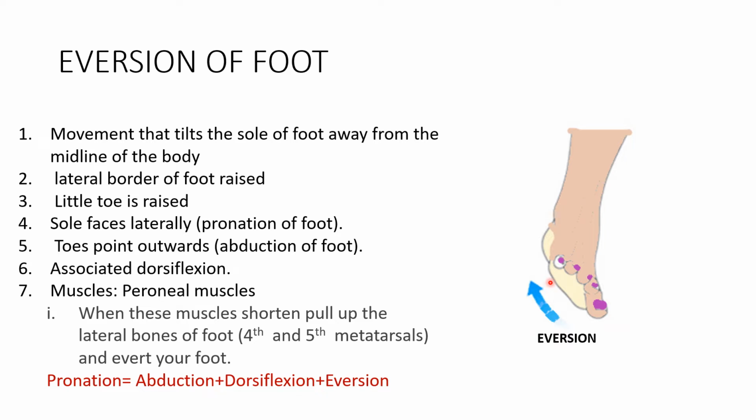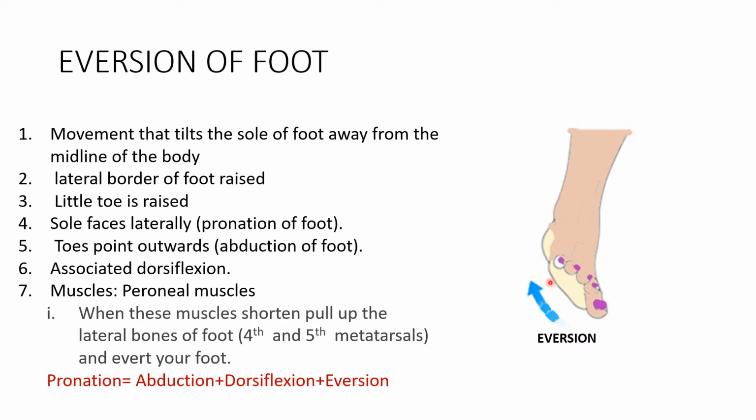Then what are the muscles that are responsible for the movement of eversion? They are the peroneal muscles. Recollect, what are the peroneal muscles? These are all the muscles of the lateral compartment of leg: peroneus longus, peroneus brevis and peroneus tertius.